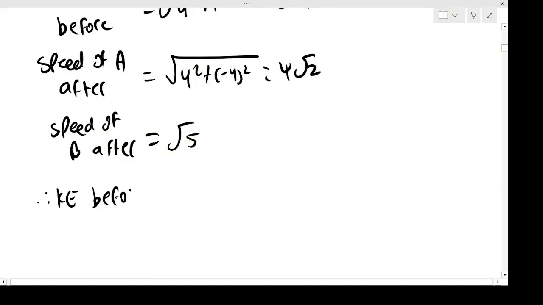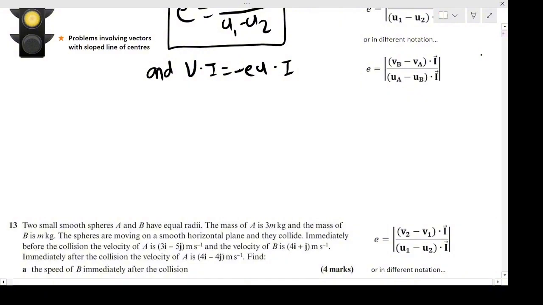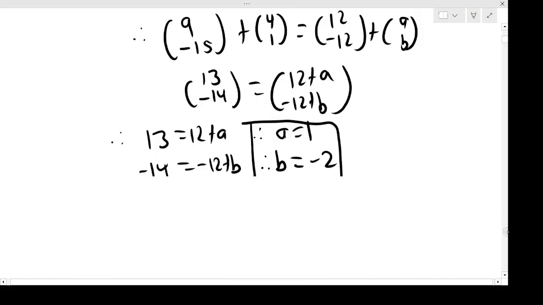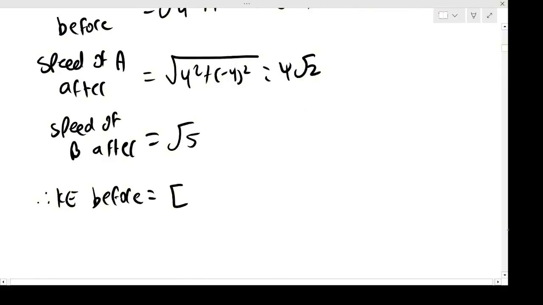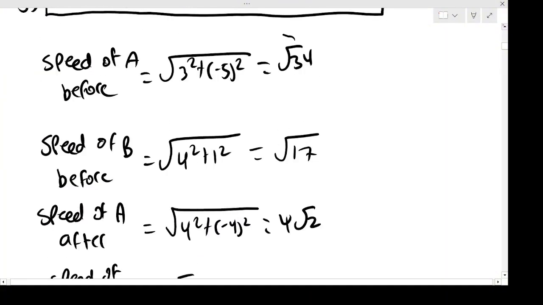So before the collision, for A the mass is, no, sorry, for A the mass is 3m and B the mass is m. Okay, A is 3m and B is m. So it's going to be half lots of 3m, lots of the initial speed, which was root 34.